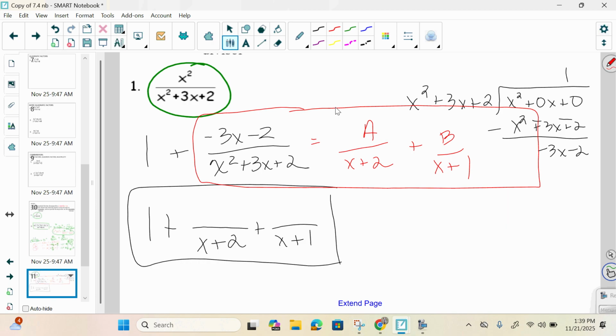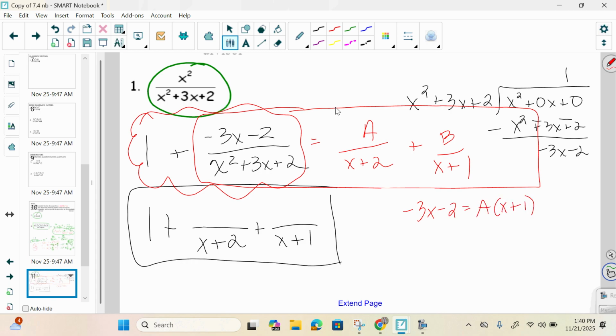Negative 4 and 1, it looks like we have some answers on. So in my red rectangle, all the way to the right is my division. In my little weird shaped thing is my quotient plus remainder over divisor. Then in my red rectangle, it's my partial fraction setup.